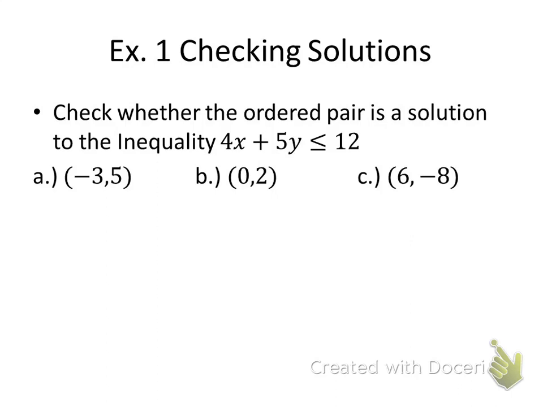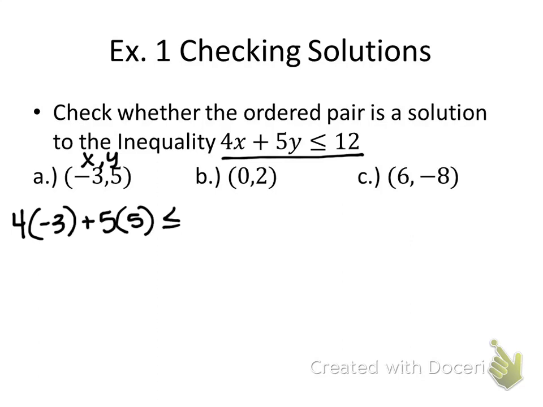So they've given us 3 ordered pairs. Remember, an ordered pair is always listed x, comma, y, and they've given me an equation here. They want me to plug it in and see if it will be a solution. So I'm going to do 4 times negative 3 plus 5 times 5 is less than or equal to 12.